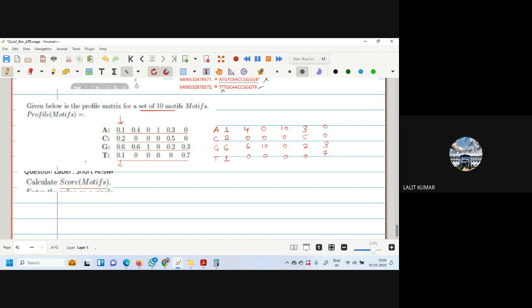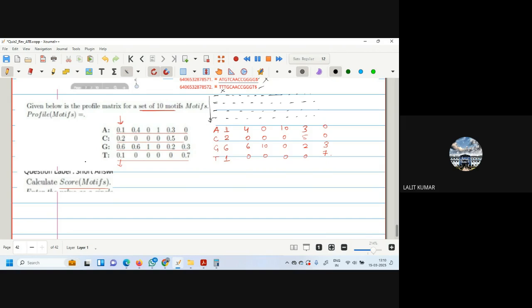So if we compare again and try to build the logic, the first motif is like this, first motif, second motif, third motif, fourth motif, and the score is how many differences there are from the consensus.